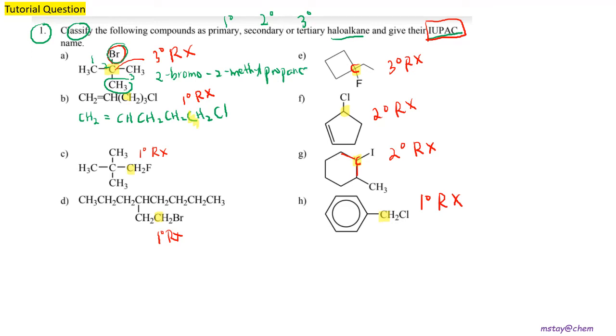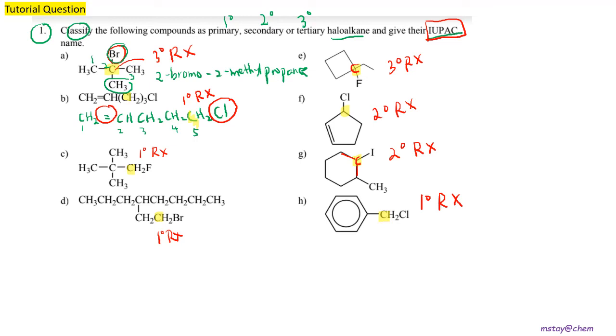Okay, structure B consists of a double bond, and then first carbon, second carbon, third carbon, fourth carbon, and fifth carbon. So it's pentene. As we know, here we have a double bond, a functional group, and another one is halogen. Halogen has the lowest priority.